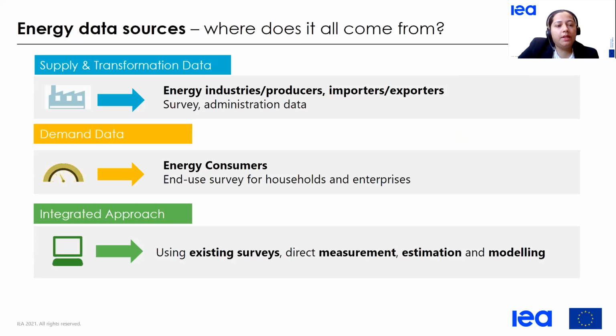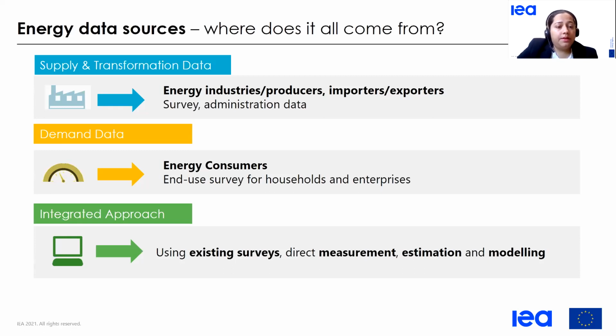Let's now quickly see again how data are collected and where they come from. So what are our sources? For supply and transformation data, the main sources for energy industries, producers, importers, and exporters are surveys and administrative data. For demand data, so for energy consumption, we usually use end-use surveys for households and enterprises.